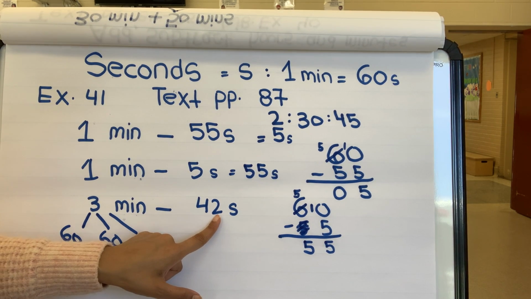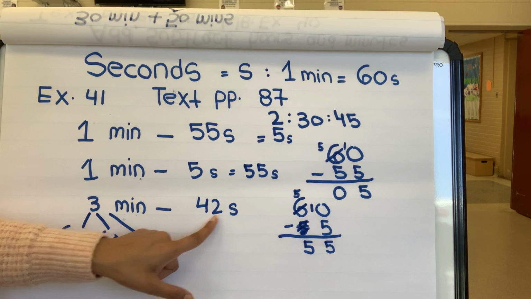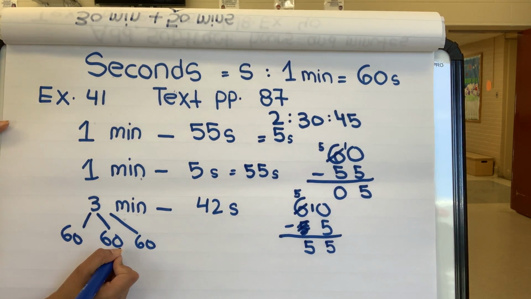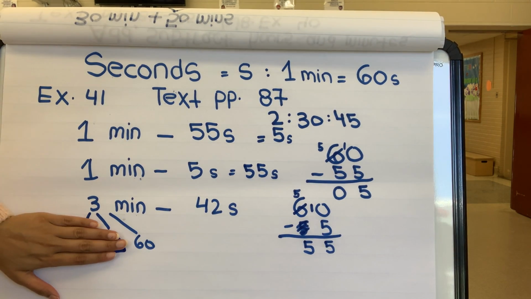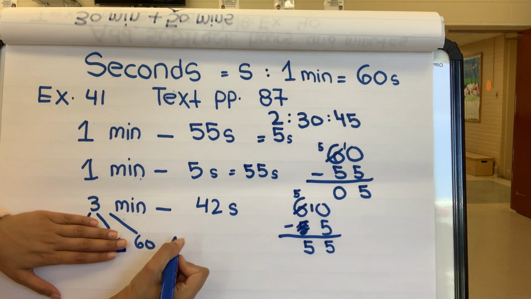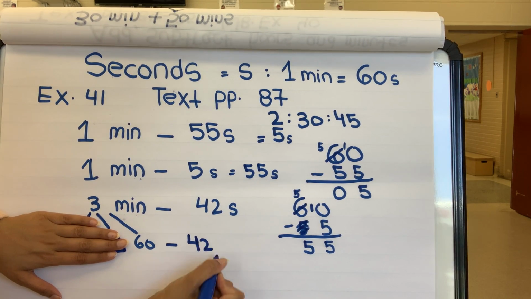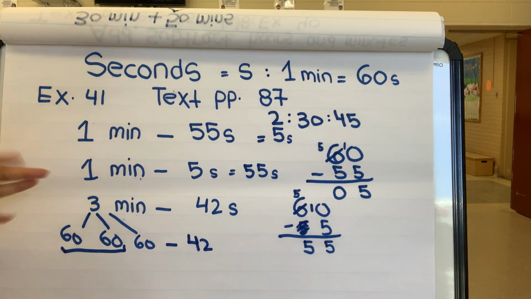And I need to take away 42 seconds, right? Which means that I don't need to use up 2 of my 60s. I can only use 1 of my 60s and take away 42. That's much easier than looking at all 3 60s and wondering how to do this, right?